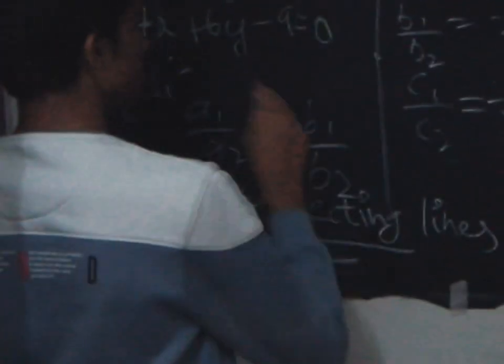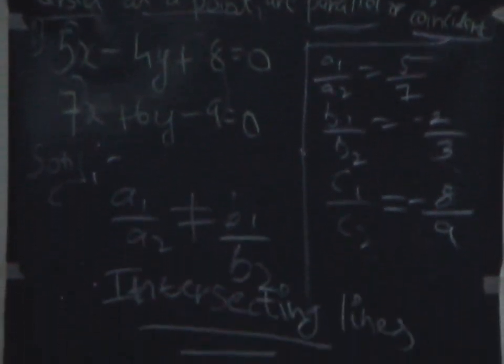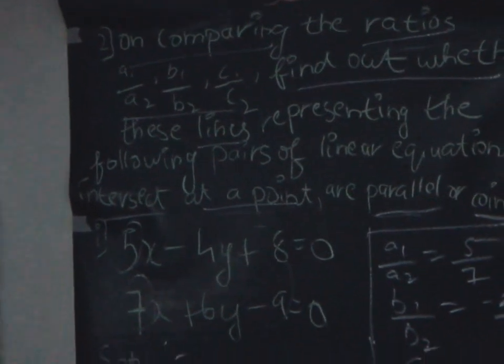So the answer will be intersecting lines because A1 by A2 is not equal to B1 by B2. It doesn't need C1 by C2, because in the table we have only A1 by A2 not equal to B1 by B2. Please be assured that this will be the answer. Not an important question, but still we have to understand it. So let us move on to the second sub question.